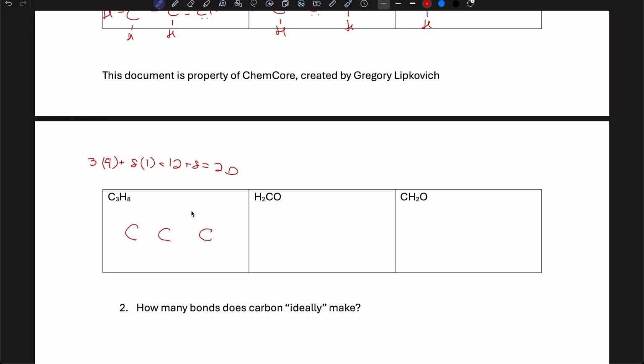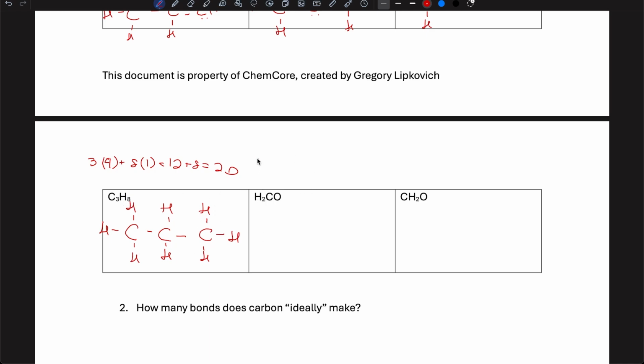Let's try to put all the carbons in the center and the hydrogens surrounding them. And this way, if we form one bond to each of the hydrogens, we end up with 4 bonds in each of the carbons, and if we counted it up, we would end up with 20 valence electrons, which means our Lewis structure is correct.